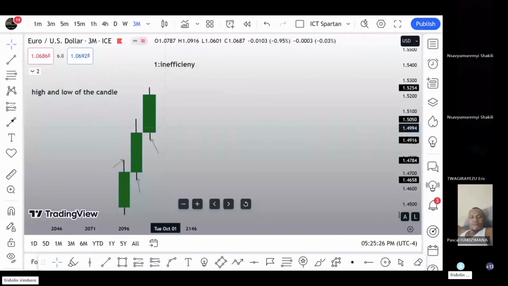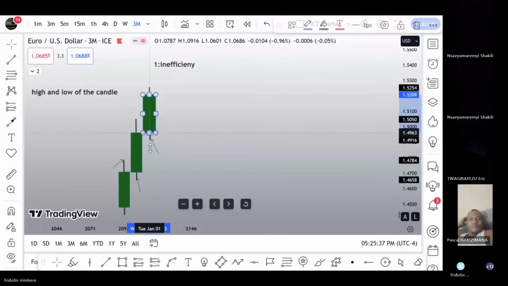Ntabwo dushaka kubona body ya candle yasigaye iri void, which itagezemo, price itagezemo. Bisigura ko we need to have something like this to this low, to this higher candle just here.